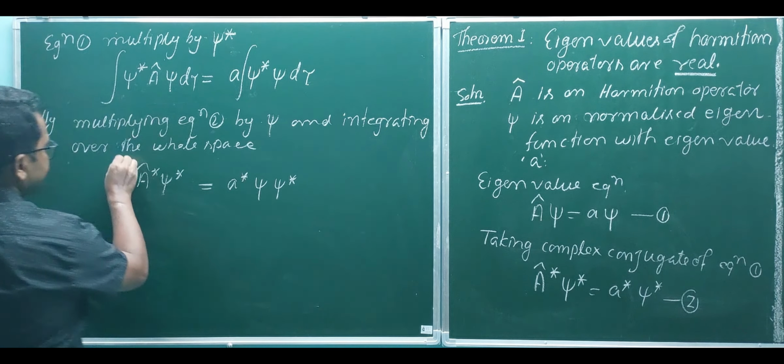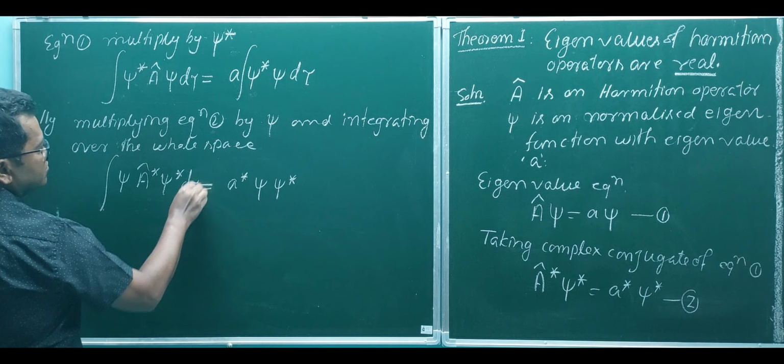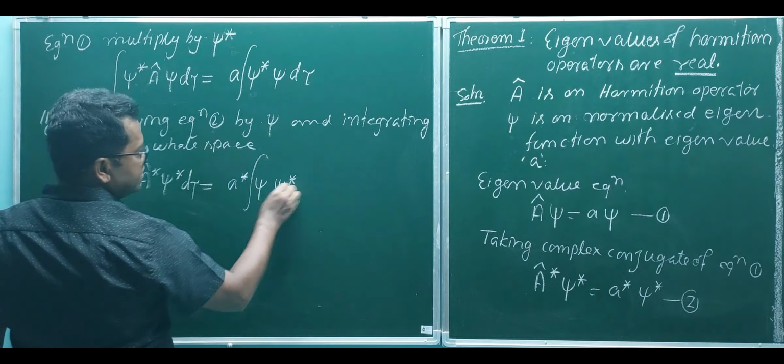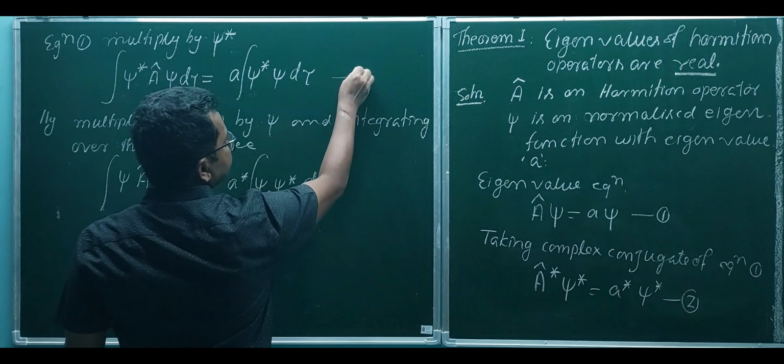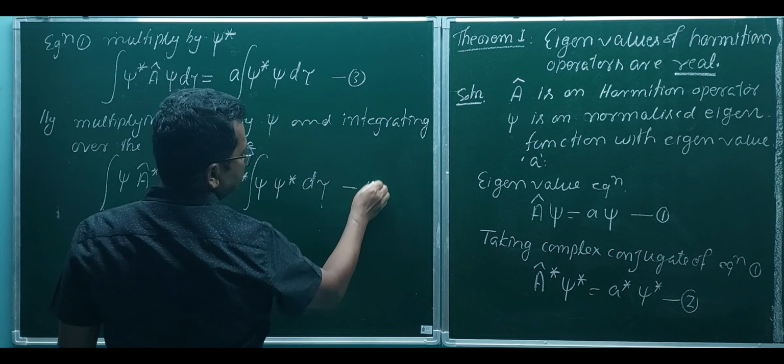Now integrating d tau. So this is equation number 3 and this is equation number 4.